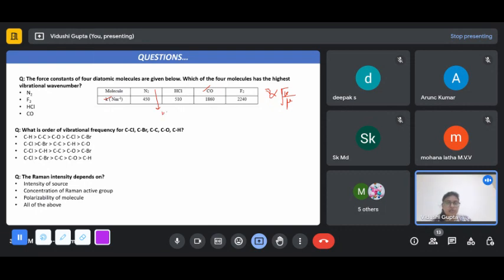You know this formula. Now calculate the wave number for N2.